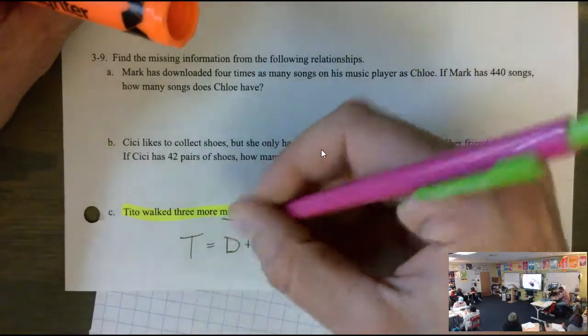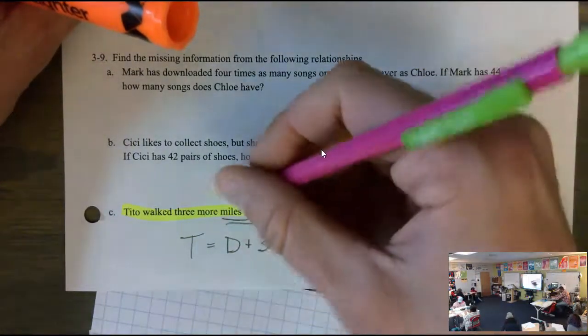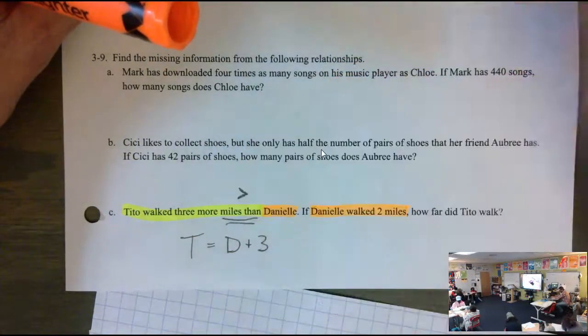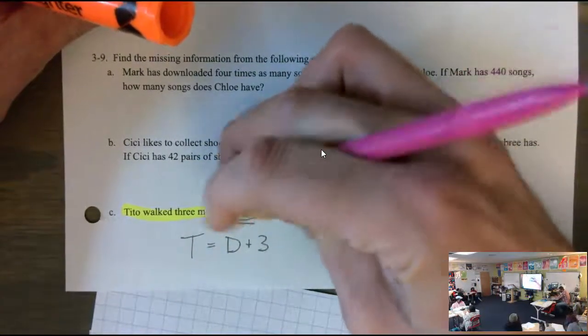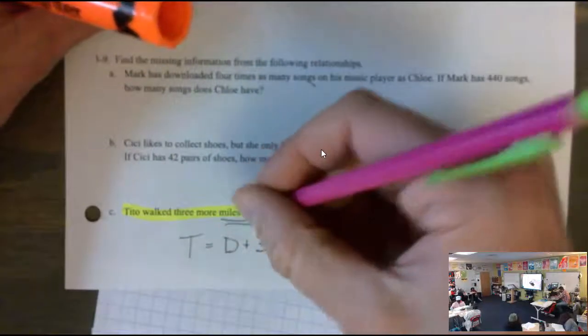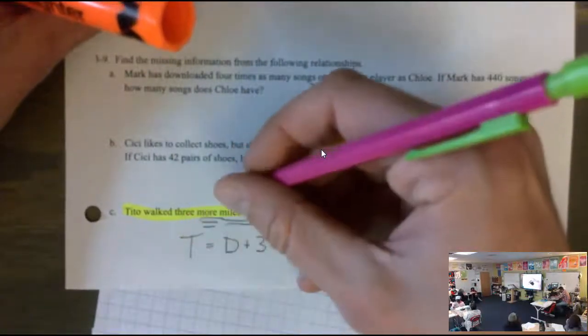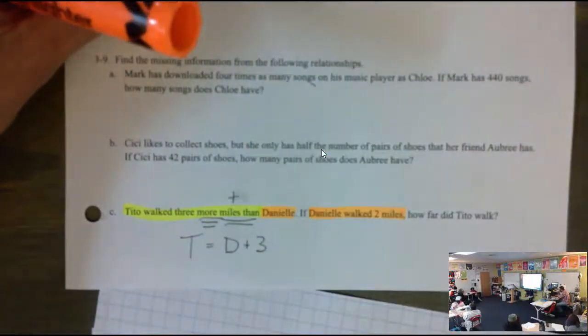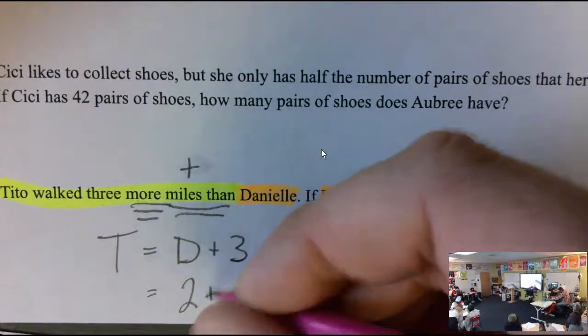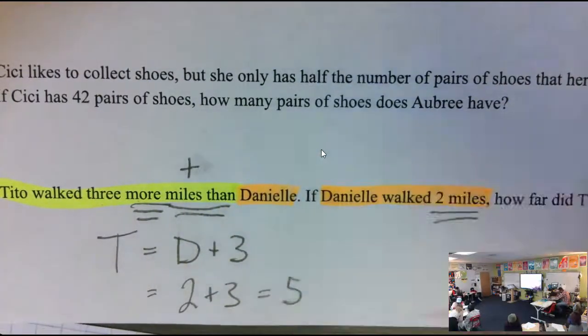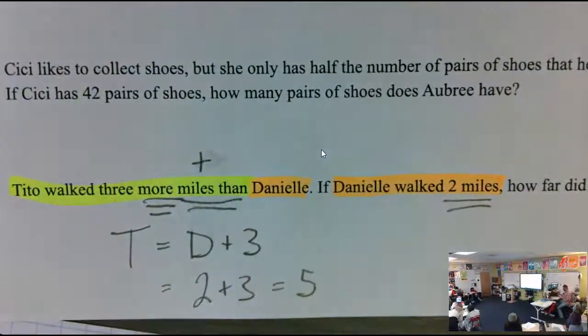Sometimes more than means one of these symbols, like the alligator, but normally we say greater than when we're talking about that. More than tells us plus, right? So then, since we know D is 2, we can replace our D with 2 and say Tito walked 5. Other questions?